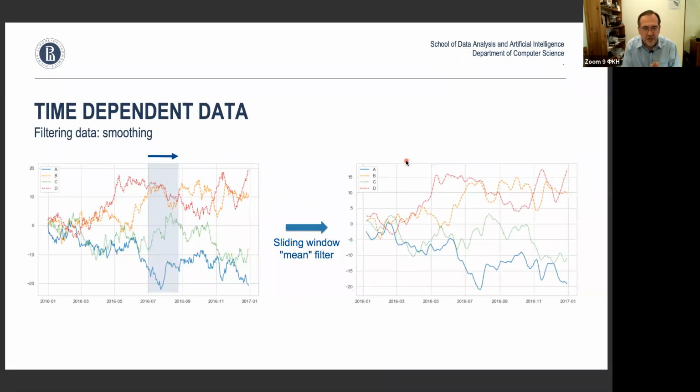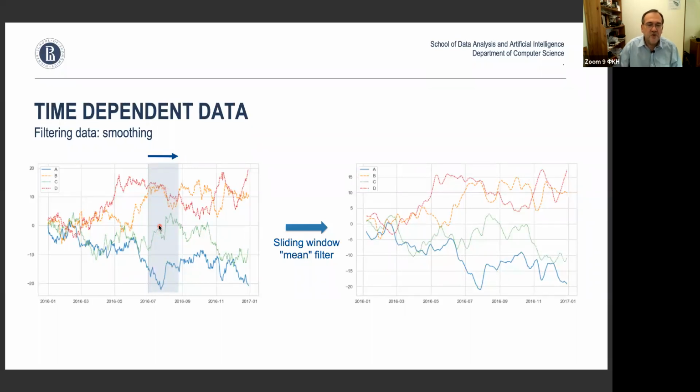You don't usually do this in other types of data sets. So what we can do here is take a window, and then for the data point at the center of the window, replace it by the mean or average or median of the data points within that window.